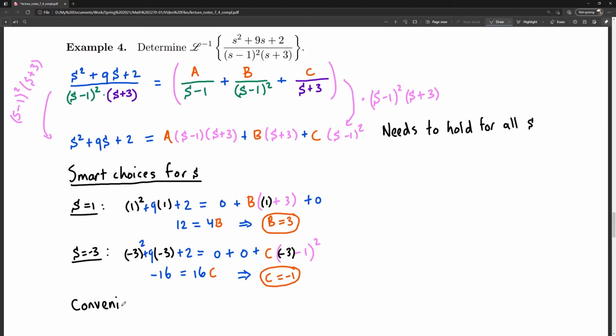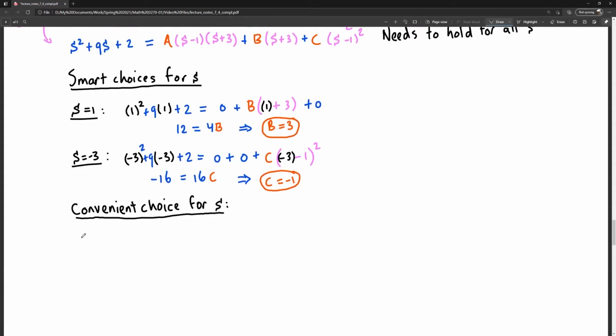So we're now going to make a convenient choice for S. And usually, if that hasn't been an option just yet, S equals 0 is a convenient choice.